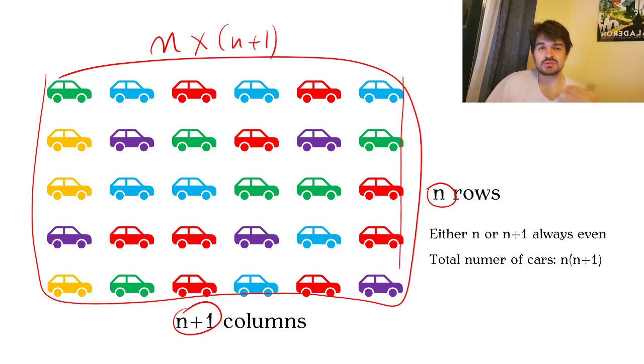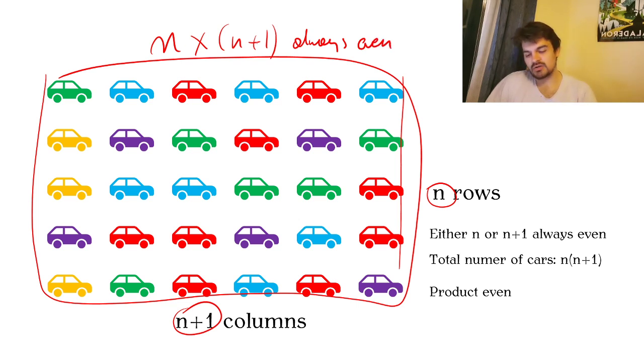If n plus 1 was divisible by 2 and we multiply by n, the product will still be divisible by 2. The point is that the product of those two numbers is always even, because one of them is even, so the product is even. Basically the entire problem.